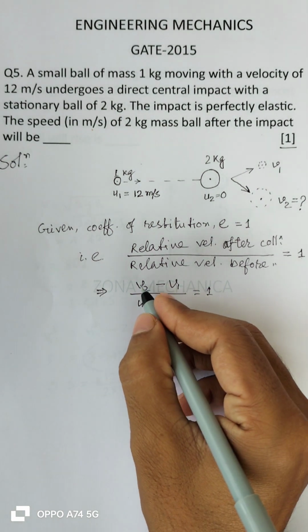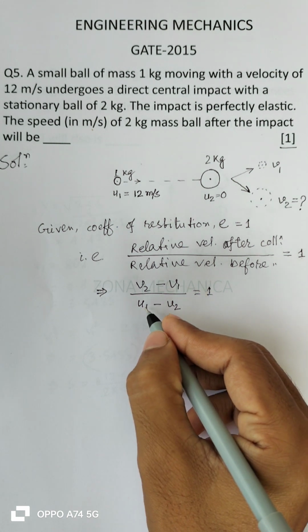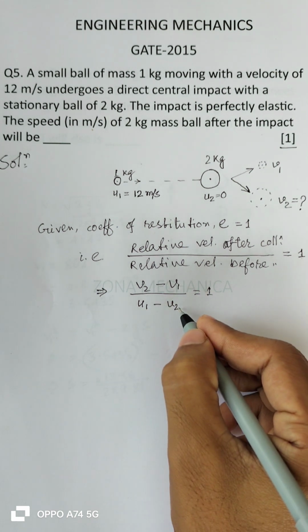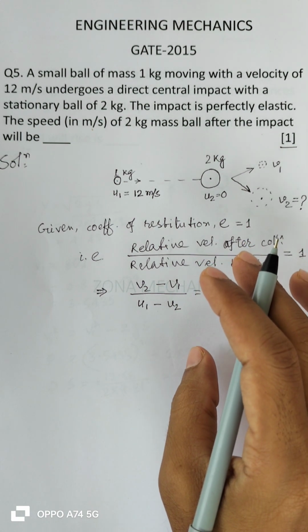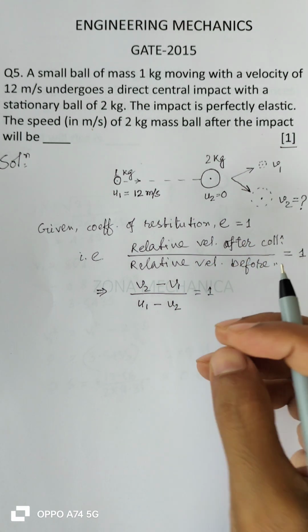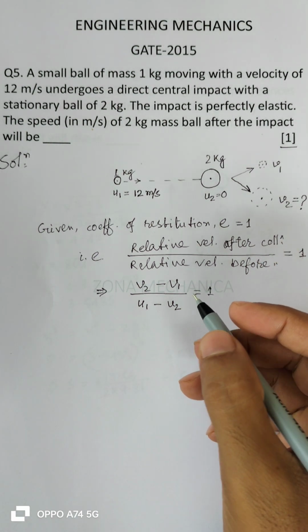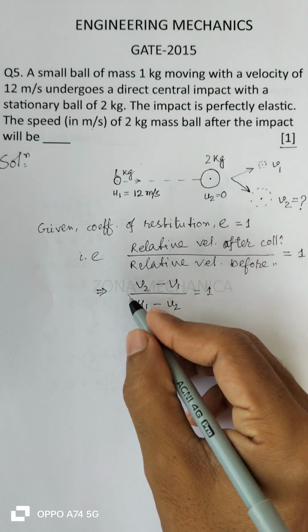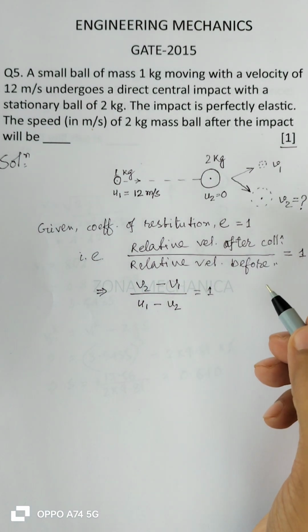See, you can take v1 minus v2 here. In that case, you have to take u2 minus u1 in reverse order, just for remembering purpose. I'm saying this. So if you can remember this formula with this notation, then well.